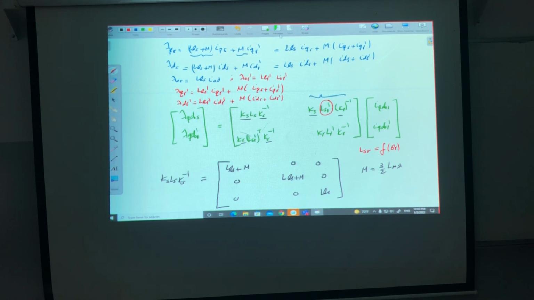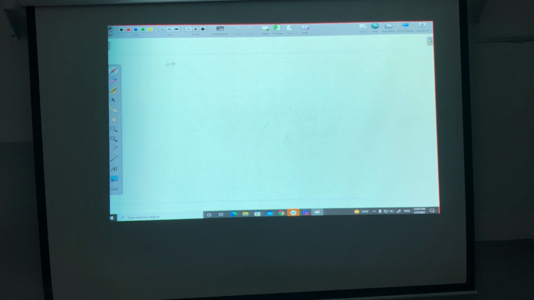And let's do it here. So let's write the arbitrary reference frame equivalent circuit. And let's start with the Q axis.